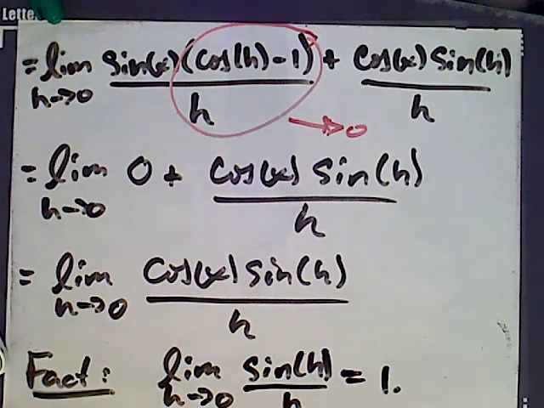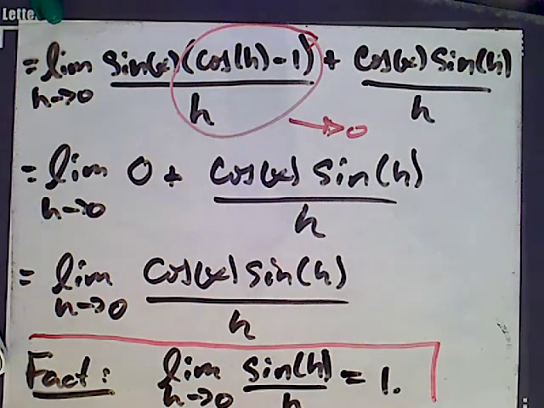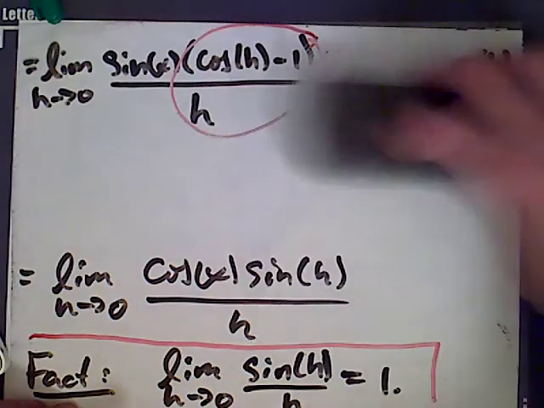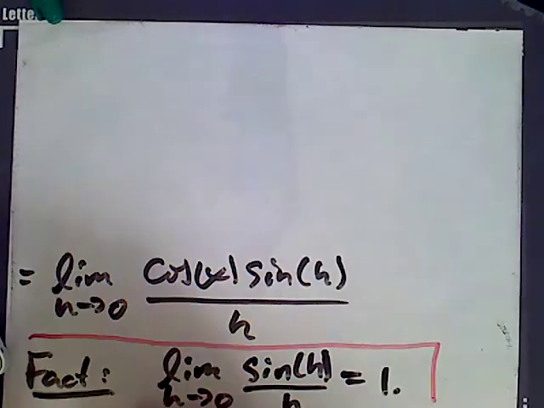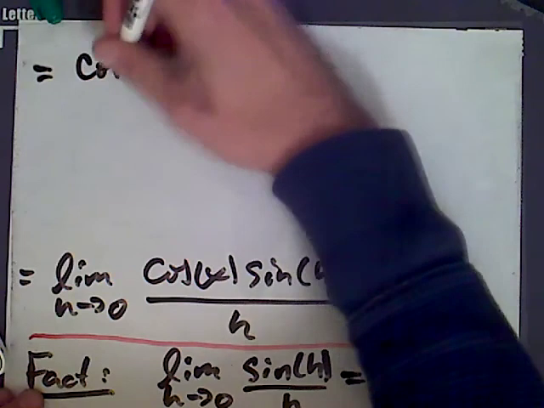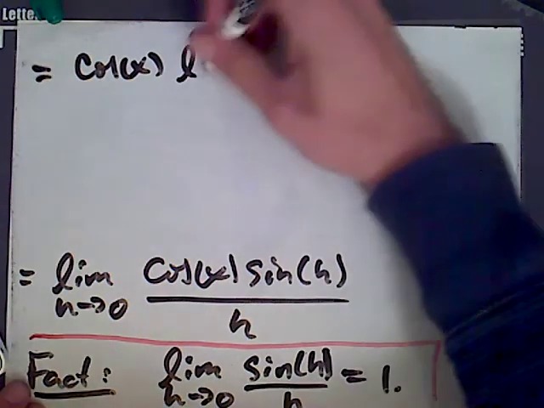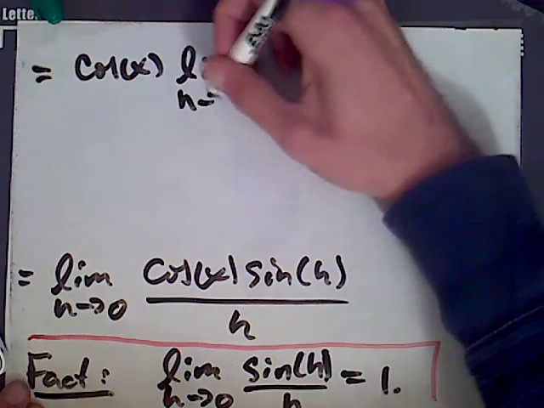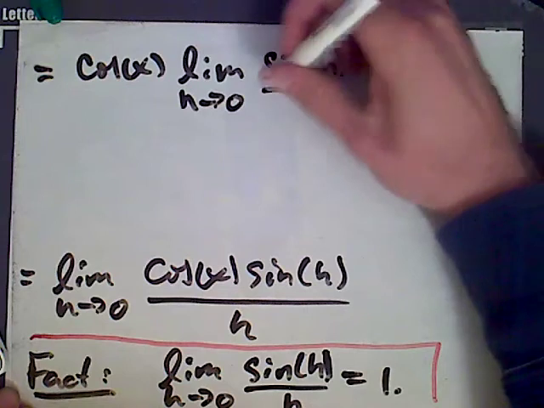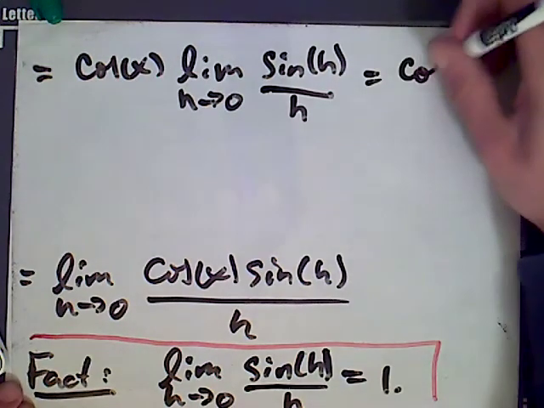Again, this is a fact about limits that you can prove using the squeeze theorem. Applying this fact, finally what we get is the limit. Let's factor out this cos of x. It doesn't involve h, so we can factor it outside of this limit, times the limit as h goes to 0 of sine of h over h, which we know from below is 1, and so finally we get cos of x.